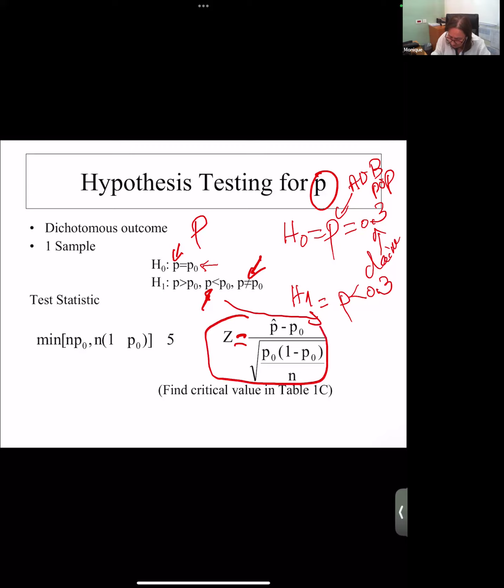So I take a random sample, I collect data on smoking, I compute the smoking in the sample, and then I do a test of statistics and compare it to a critical value or my decision rule.